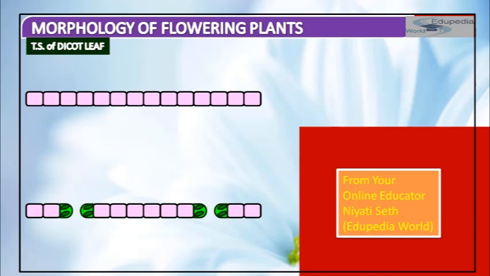A transverse section through the midrib region of a typical dorsiventral leaf reveals the following structure. First is your epidermis. This is the upper epidermis, also known as adaxial epidermis, and this is another epidermis.